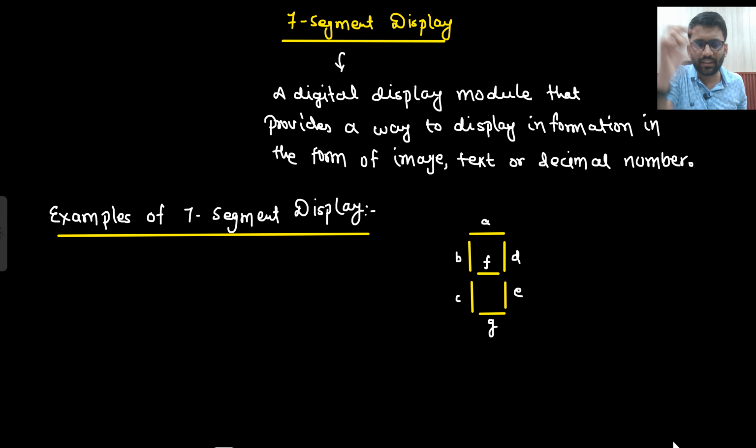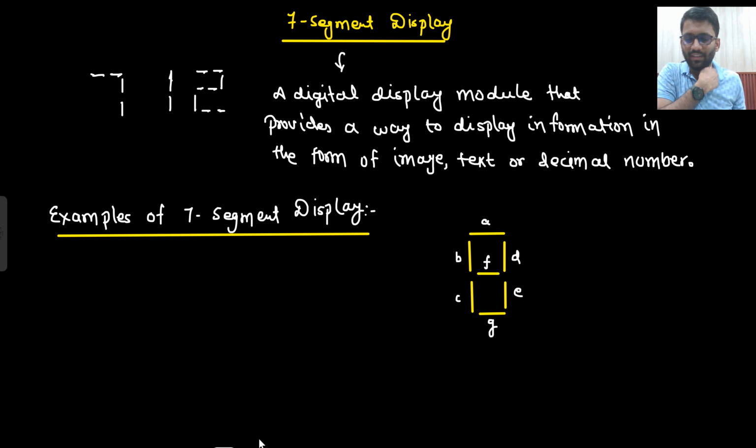So you might have seen this display in a calculator. Let's just say you write down 7, not in a scientific calculator, in a normal calculator that a commerce person uses. So if you write down 7, how will it be written? In this manner, right? If you click on 1, this will be written. If you click on 2, this is how it will be written.